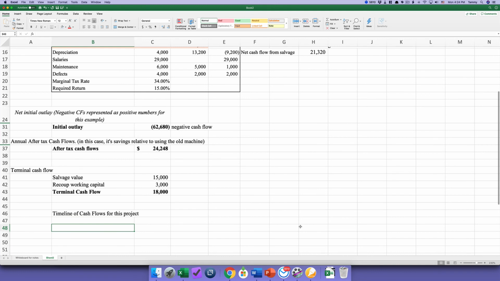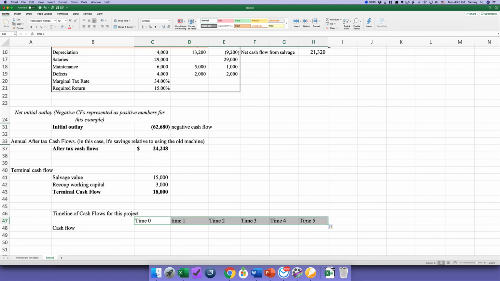Okay. We'll say cash flow. So at time 0, year 1. And let's see if we can fill this out. 2, 3, 4, 5. So at time 0, we spent negative $62,680.